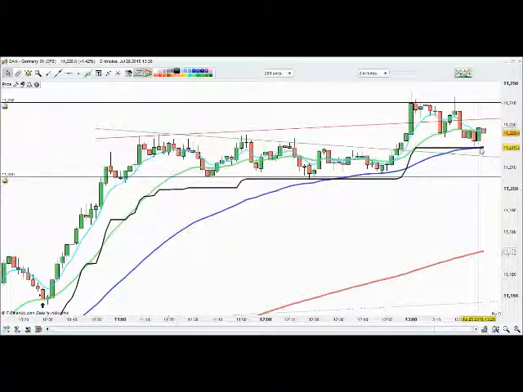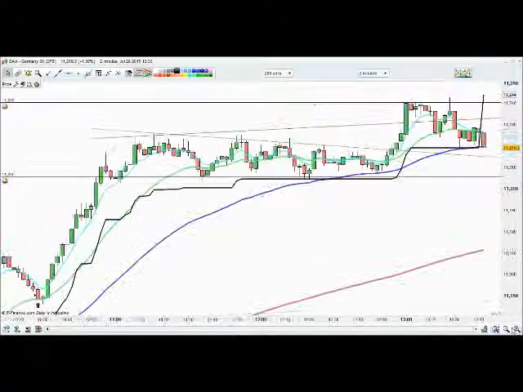So if it does push below the 2-minute level here, which is say 11,218 to 11,219, it moves into a different zone for me, and that would make me very happy, because then I would be staying in the trade until it hit my target.